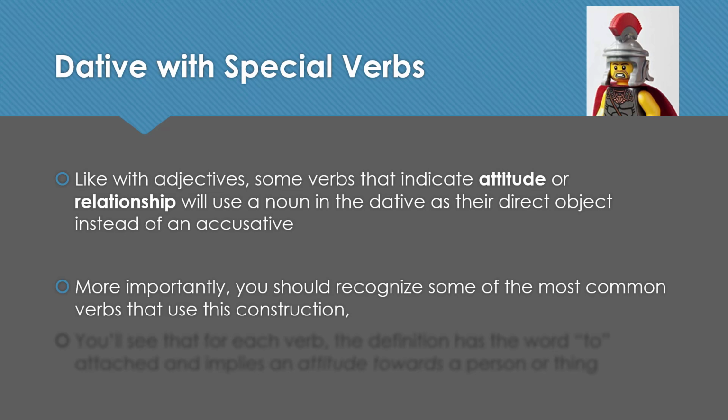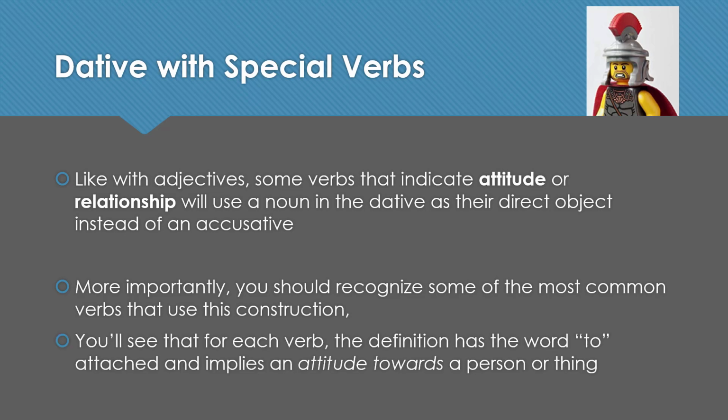Again, you should just recognize the most common ones that use this construction. There are a lot in this chapter, and you can see a couple other ones as we keep going. But for each of these verbs, in their definition you'll see that the word "to" is at the end. It'll be "to something," or "blank to," something like that. It implies some kind of attitude, or it's automatically pointing in the direction towards a person or a thing, right?